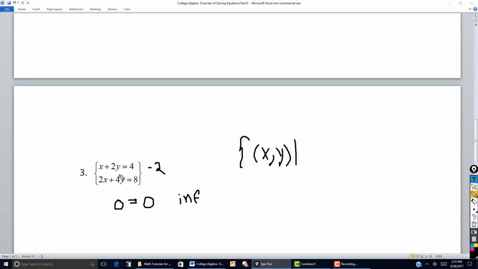So I'm going to take the first equation and solve it for x. So 2y is equal to 4 minus x. So I'm actually solving for y, and solving for y in terms of x. Then I divide by 2.